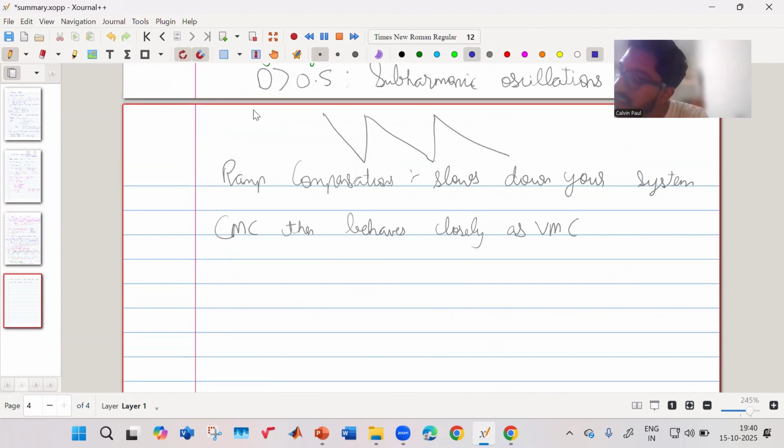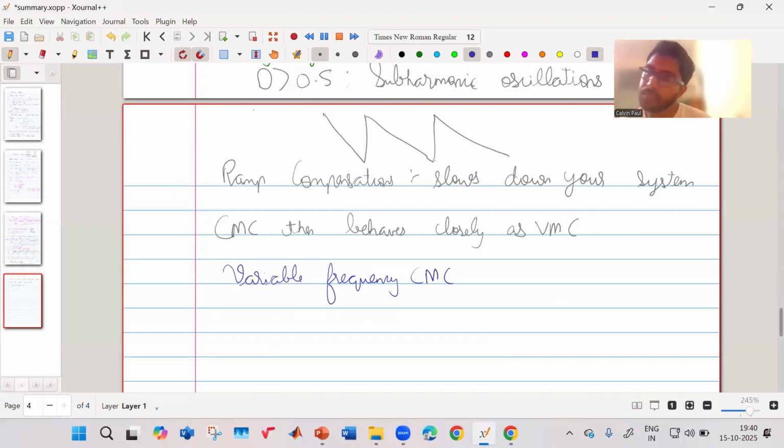There's a technique: we can go for variable frequency current mode control. So can you tell what were the variable frequency current mode control techniques which you were introduced to? Constant on time modulation, constant off time, and hysteresis current.